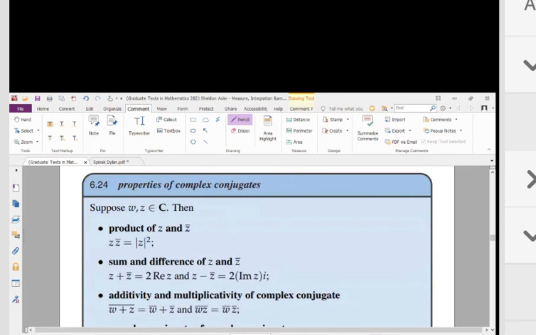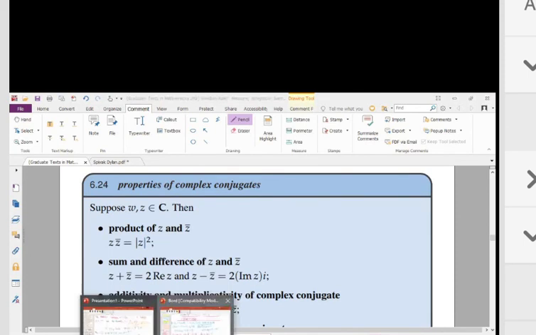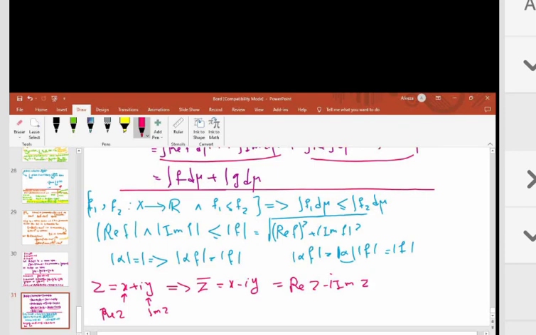We have these properties of complex conjugate for any w and z in the complex numbers. We have these equalities. It's very easy because you can use the definition of multiplication.